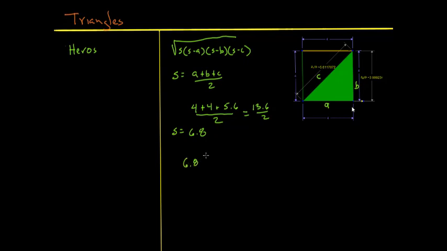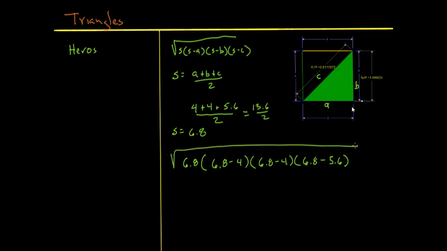We've got 6.8 times (6.8 minus A, which is 4) times (6.8 minus B, which is also 4) times (6.8 minus C, which we said was 5.6). And we're going to end up taking the square root of that entire thing.